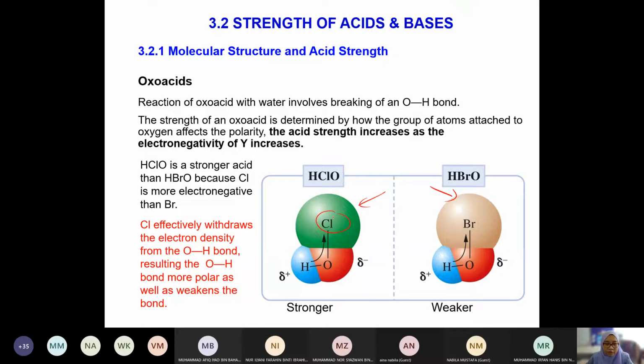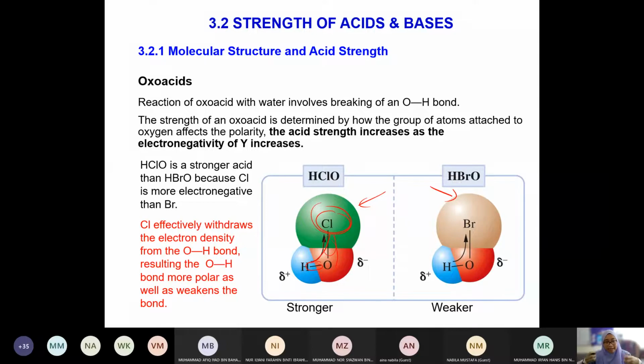Okay, right. This is because the more electronegative the atom is, it will withdraw the electron density. Remember, the bond yang dekat kawasan ni, ini bond, bond is made by electron. Dibuat daripada the electron sharing. So it withdraws, dia tarik electron density towards Cl, towards orang yang more electronegative ni.